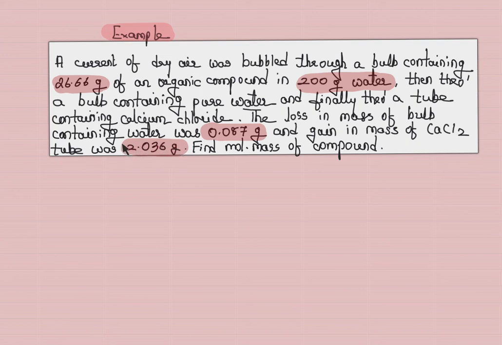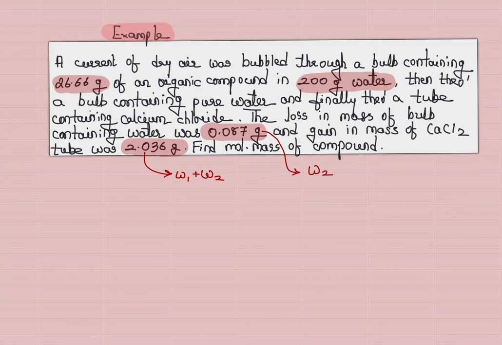Now this is the total amount of water which is collected here from both the bulbs. So I may say this represents W1 plus W2, right? And this here represents the loss in weight of the solvent bulb, which is W2.